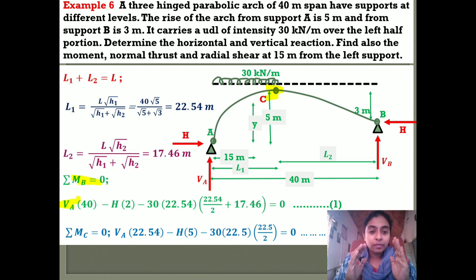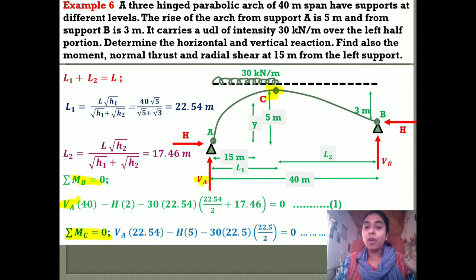So since our first equation was sigma MB is equal to 0 and the unknown is VA, which is the left of C, while considering the equilibrium condition at C, we will take the left of C.